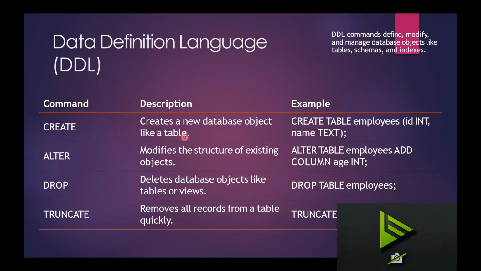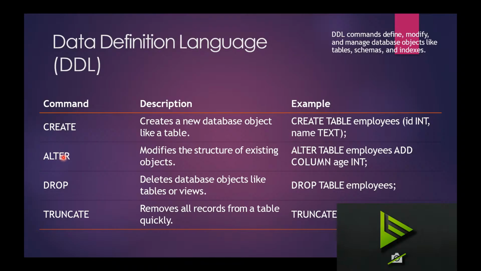We made a table for employees. When creating a table we write the command CREATE TABLE employees, where ID is an integer type, serial integer as we have seen, and name is text.